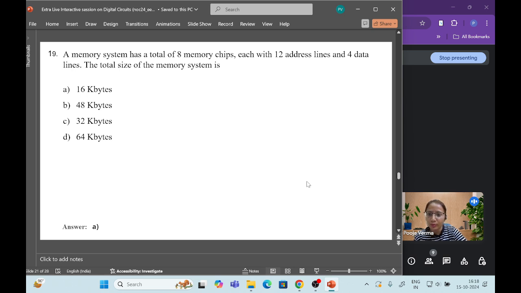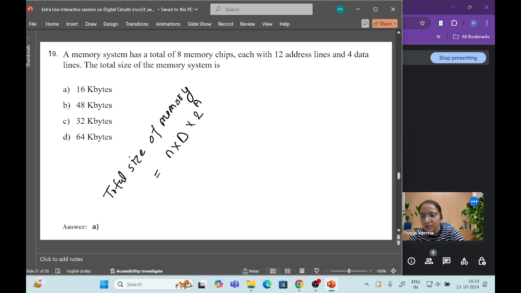The total size of a memory can be found by the number of memory chips into data lines into 2 to the power of address lines. So 8 into 4 data lines and 2 to the power 12, where 12 is the address lines.